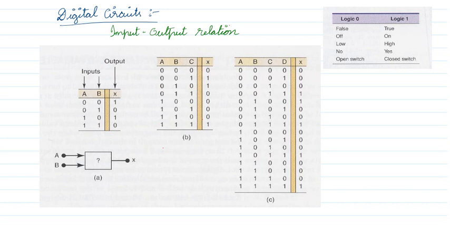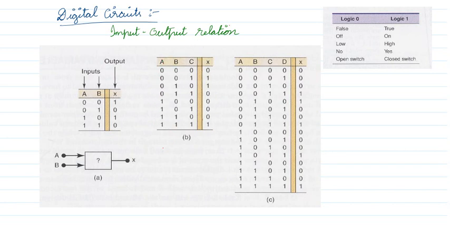In this, when A is 0, B is 0, C is 1, in that case output is 1. Similarly, when A is 0, B is 1, C is 0, output is 1. And the last case is when A is 1, B is 1, C is 1, output is 1. If someone has given this truth table to us, our objective is to implement this using a digital circuit. This is some sample example.